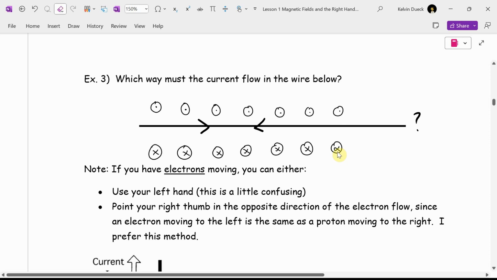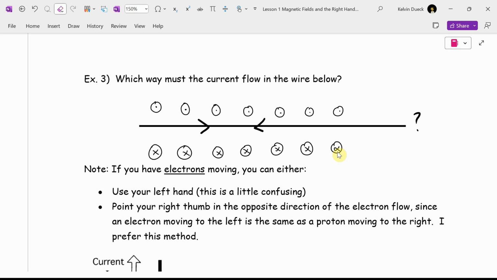So everybody, again, until we get good at this, you'll find it easier to hold your paper vertical to match my board, to match my screen. I can hold this wire this way or this way. Which one of those will make my fingers match the direction of the magnetic field? Don't blurt your answer out loud. Try and figure it out.